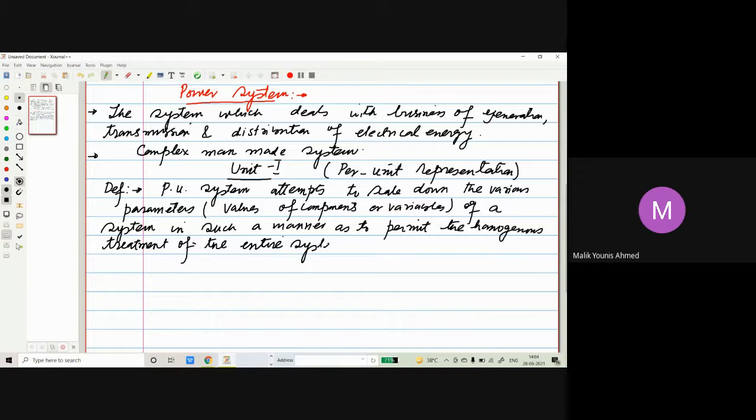So in simple language, it is a system in which we have very complex values, very different values. Complex here means the numbers will be large. The per unit system has an objective to narrow down those values to between 0 and 1.